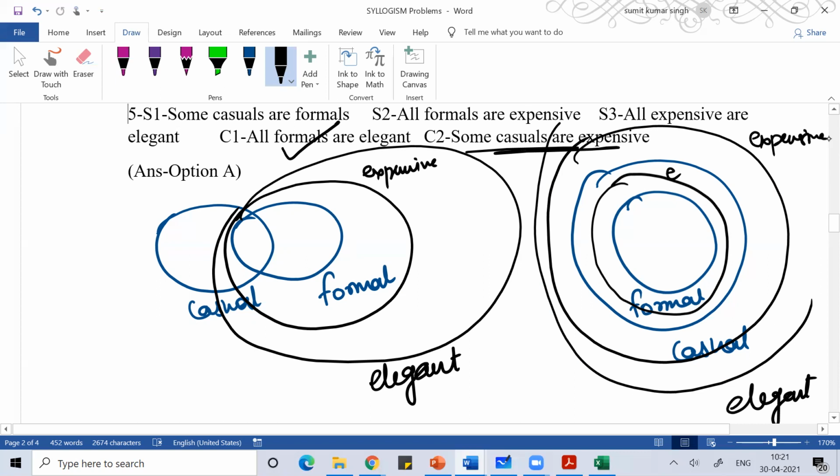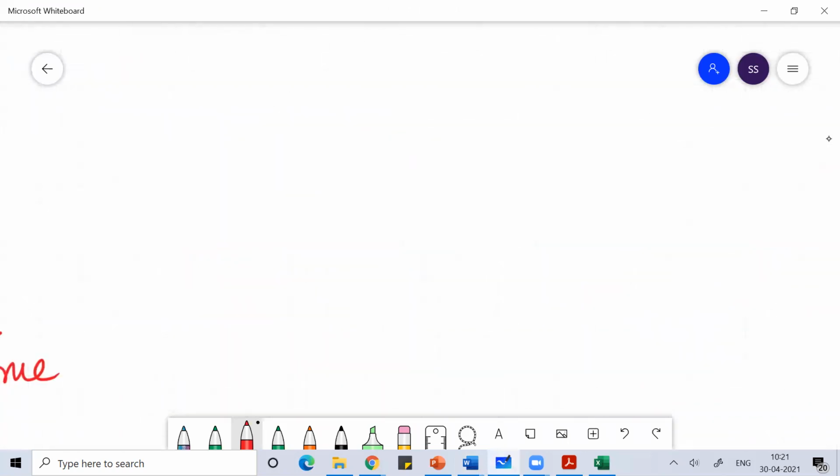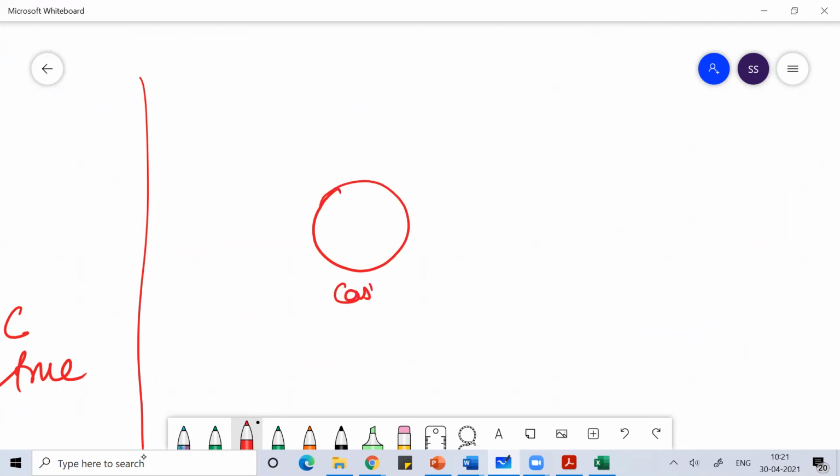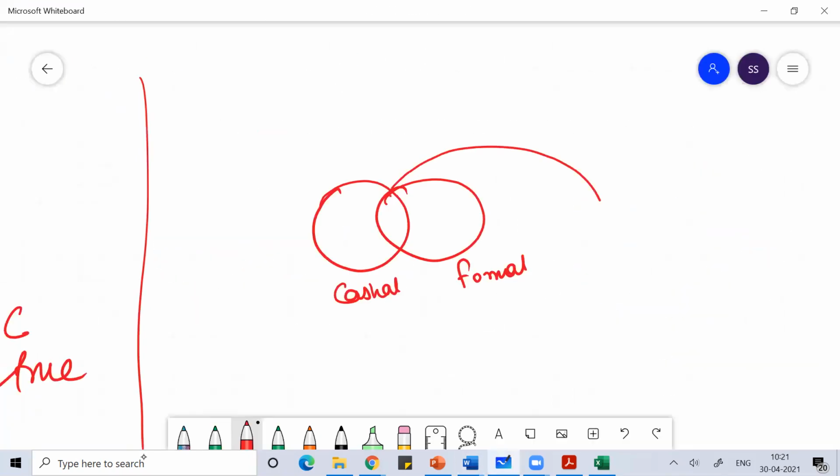Some casual are formal. All formals are expensive.